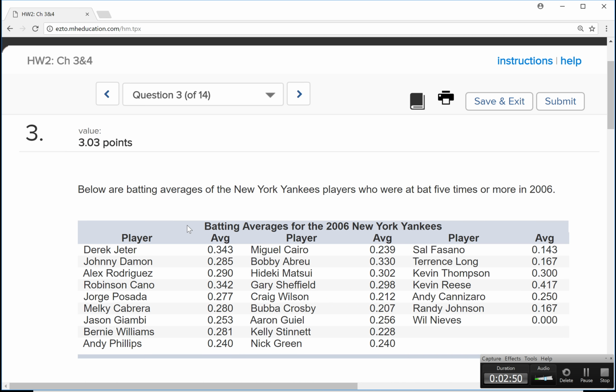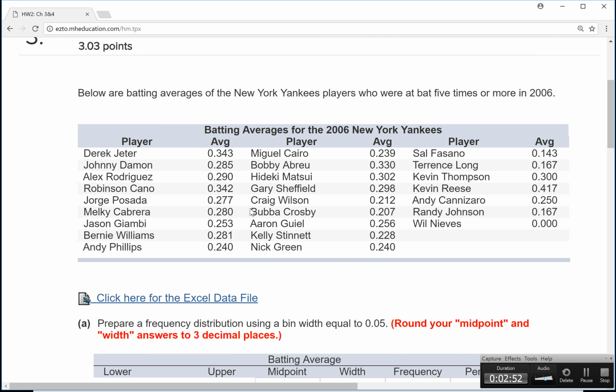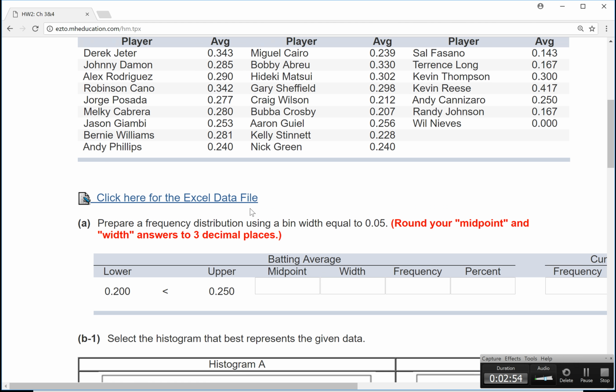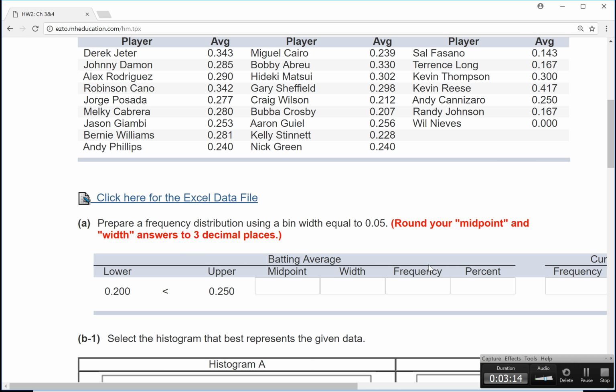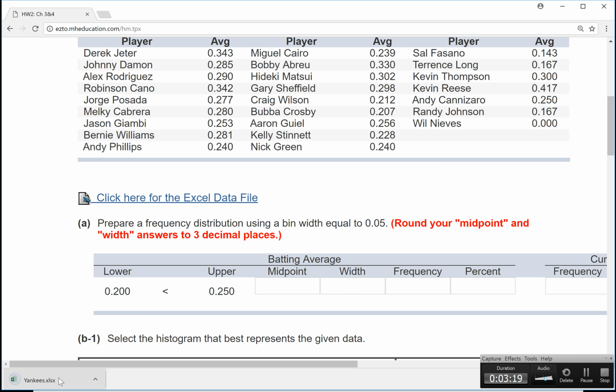So we've got batting averages for the New York Yankees, and we want to come up with a frequency distribution, with the midpoint, the width, the frequency, the percentage, relative frequency, and then cumulative frequency. I'm not sure why it says %, but let's look at the Excel file.